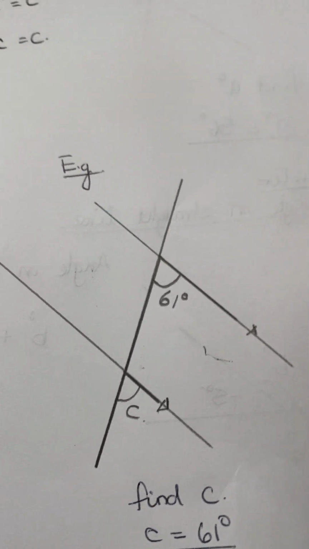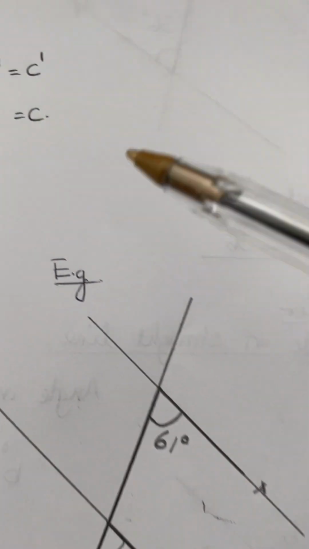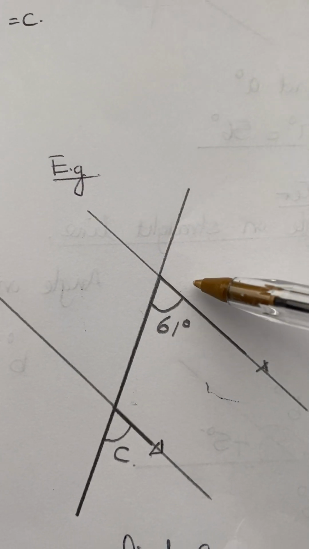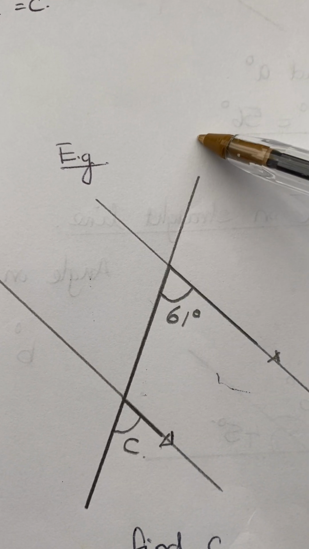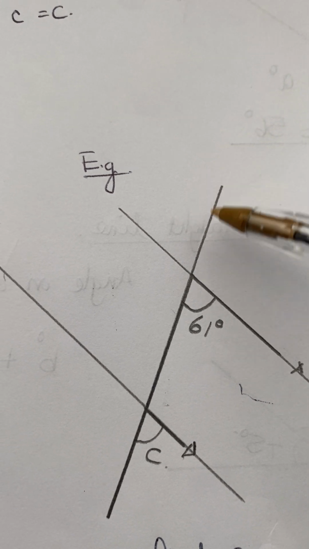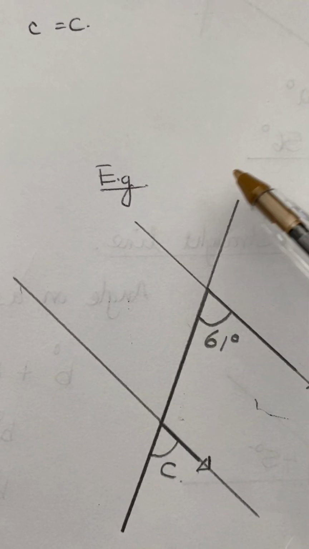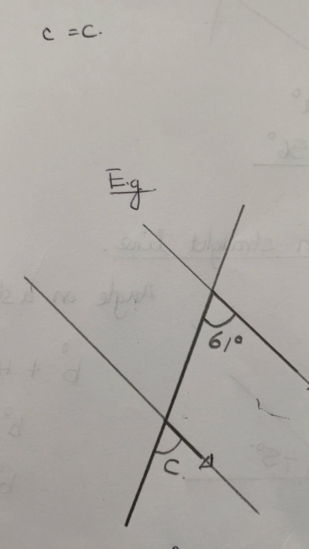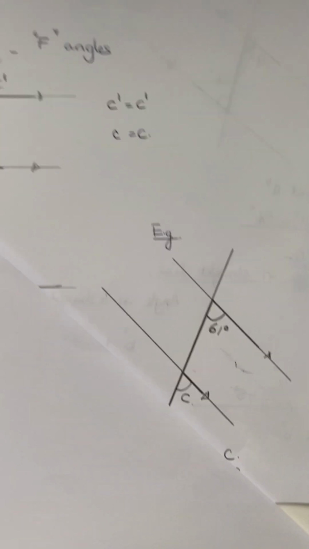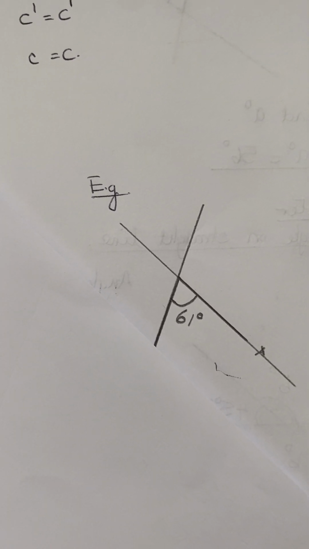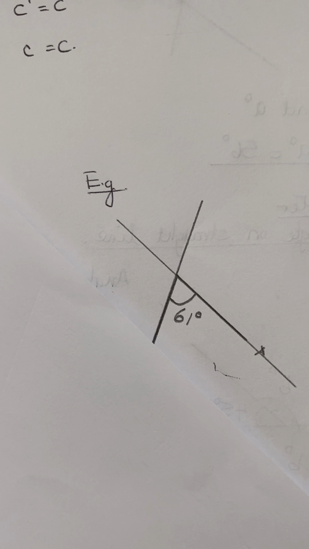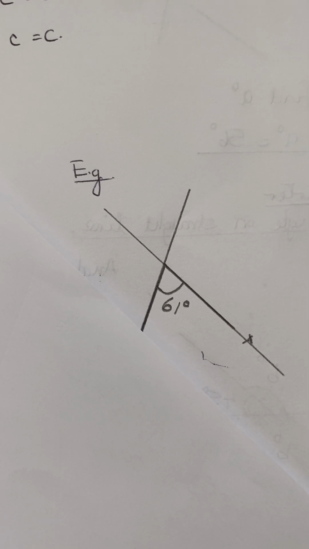Now here is another example. Two parallel lines. We have our angle. Okay, if we cover this side here, then we have vertically opposite angles, which we did, I think, in the second angle video.